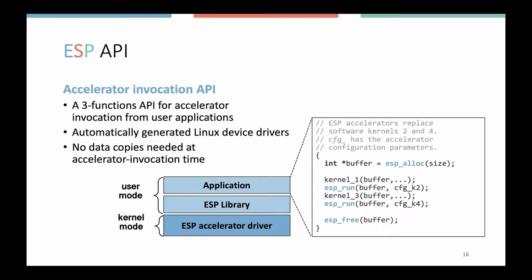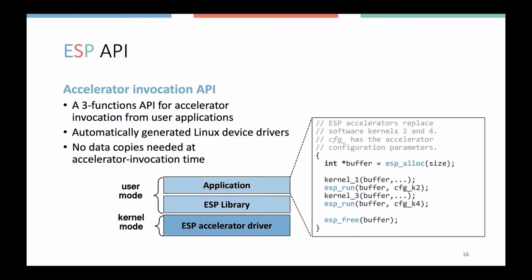Okay, on top of this architecture, we have a super simple API that is part of the skeleton test application for the accelerators that we generate whenever you design a new accelerator. And the API is meant to help designers quickly move from the design of the accelerator to the full system execution with full software stack. So this API runs on top of Linux, and it allows you to do two main things.